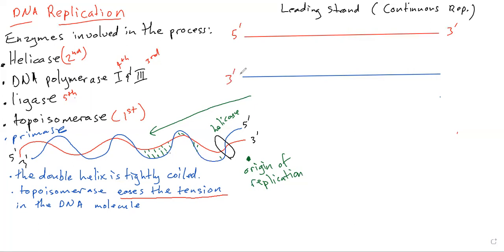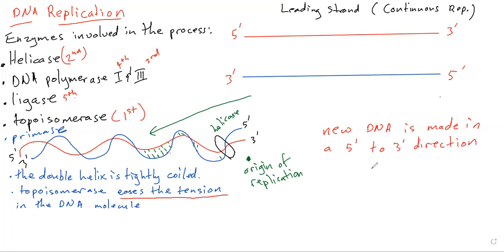Here is 3 prime, and this is 5 prime. DNA replication, very simple and straightforward. New DNA is made in a 5 prime to 3 prime direction.